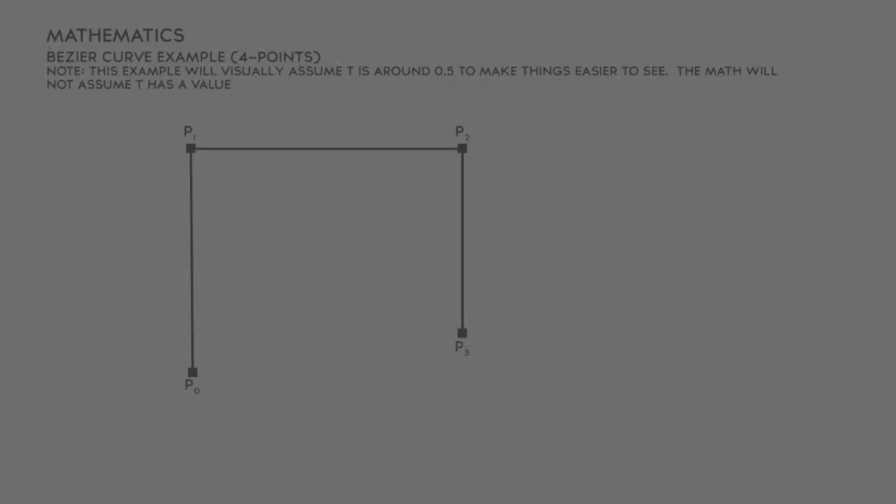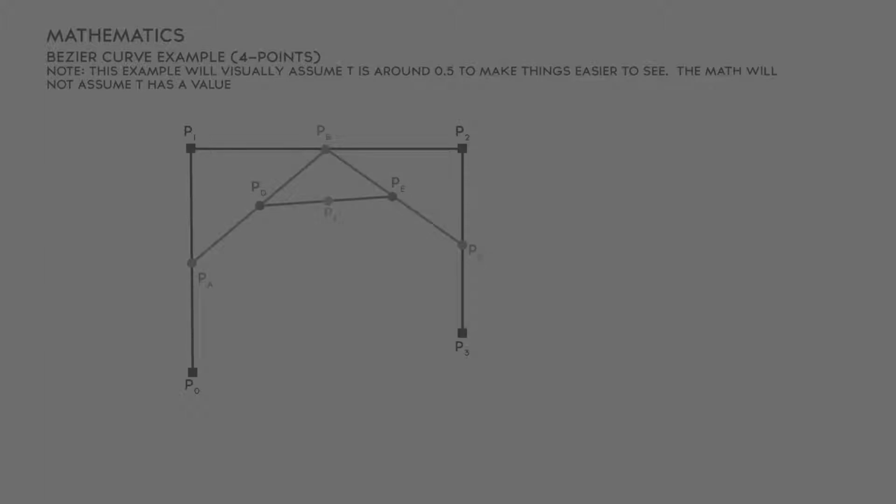So if you have 4 points, you can lerp between points 1 and 2, 2 and 3, 3 and 4. That will result in 3 points, so you repeat the process. That will result in 2 points, so you repeat the process again with those 2 points, and then that will give you only 1 point, and that is the end of the work that you need to do.